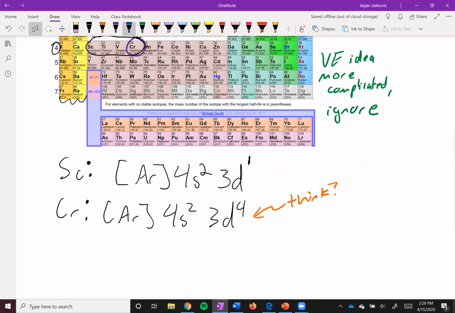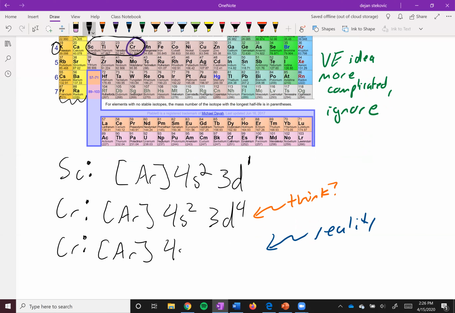But in reality, it's actually different. Experimentally it's been shown that chromium has an electron configuration of argon 4s1, 3d5. So one of the 4s electrons goes ahead and jumps into the 3d orbital. And so this one up ahead is wrong, and the one below is correct.